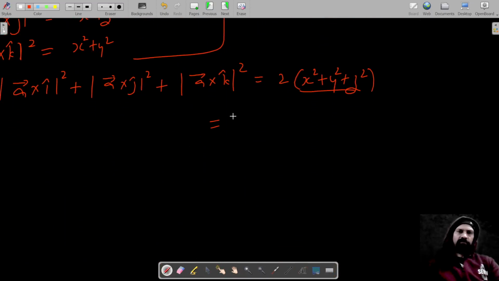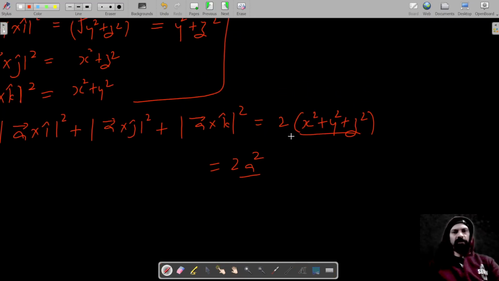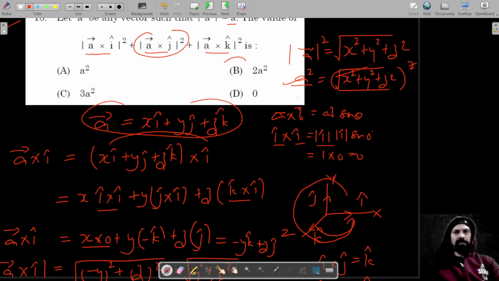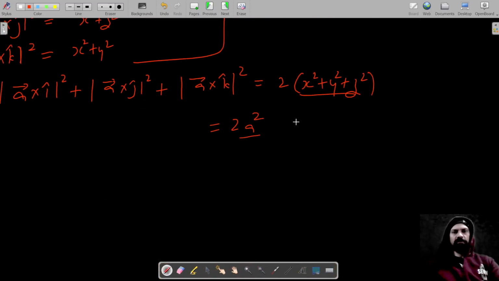So instead of this, I can write 2A square, which is twice the magnitude square of A, and this matches with option B. So B is the answer for this one.